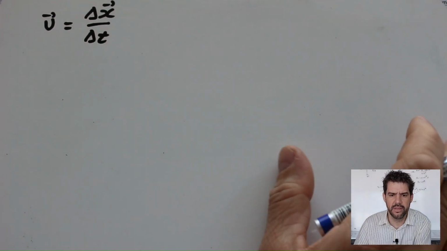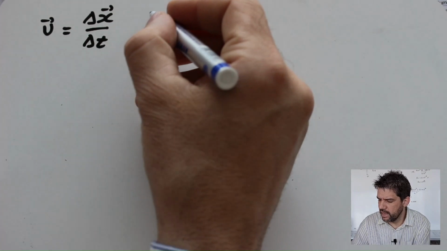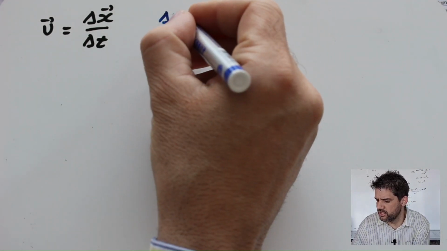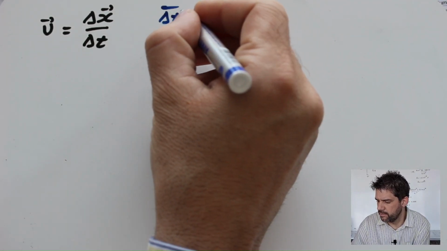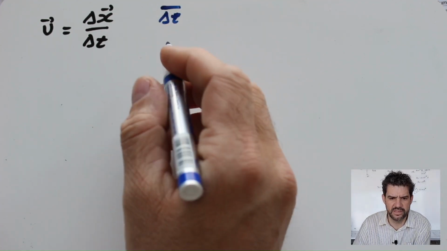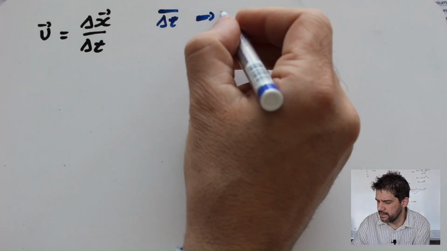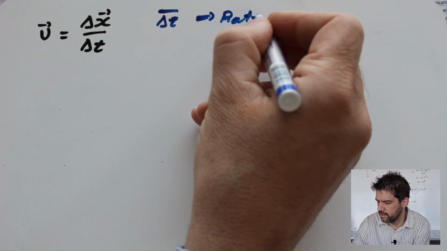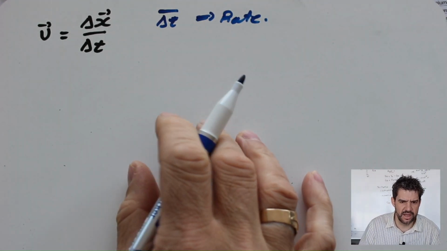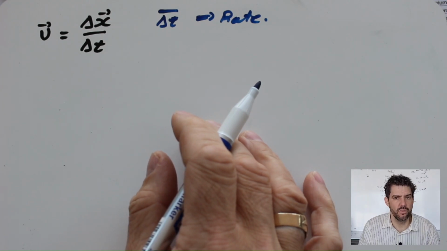First of all, every time in physics you divide by change in time, that is going to be called rate. So every time you divide by a time, it's called rate. We mustn't forget that one.